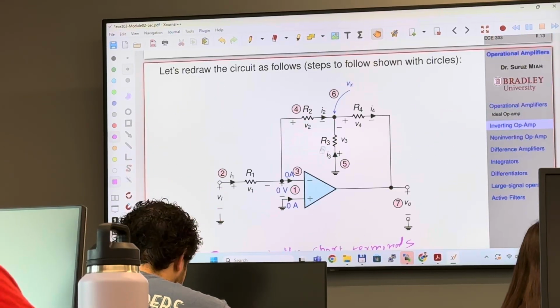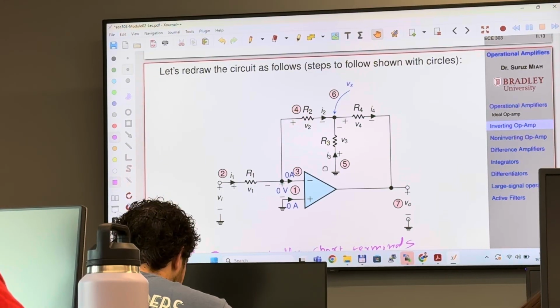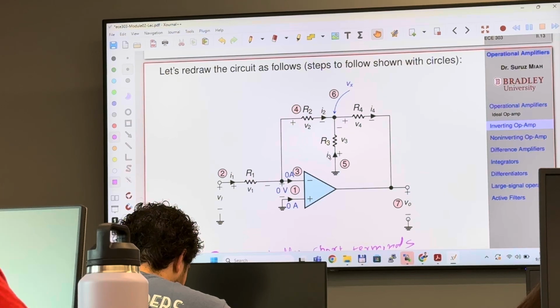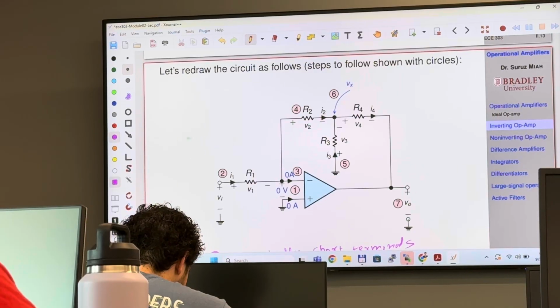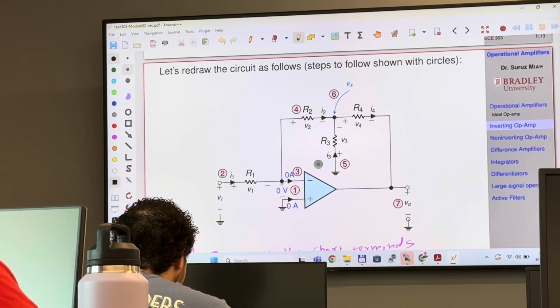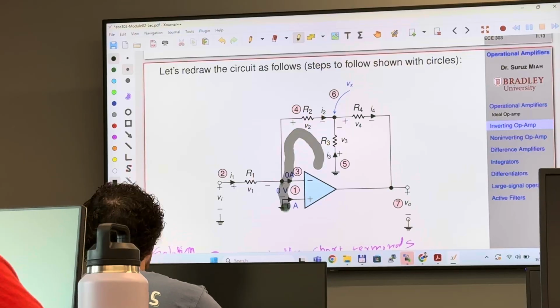Step 5, I want to find I3. Guys, look, please pay attention. This is the voltage across R3, which is V3. Now, if I apply KVL right here, don't you think that I can apply KVL in this loop?